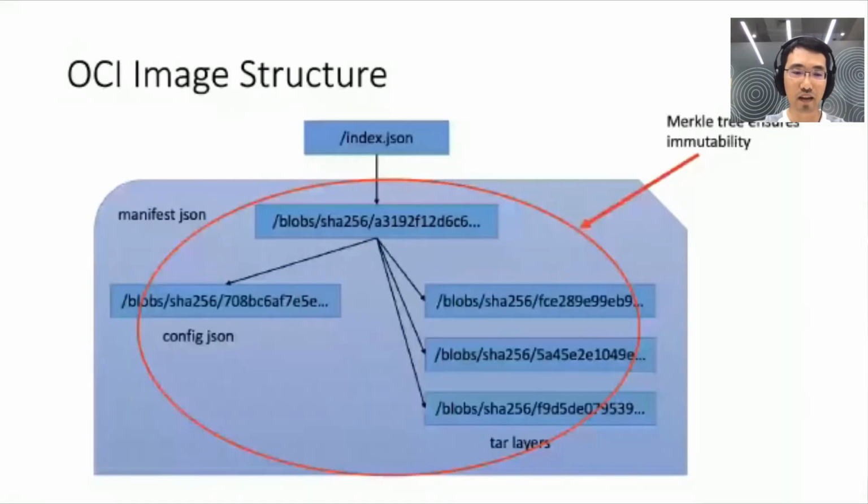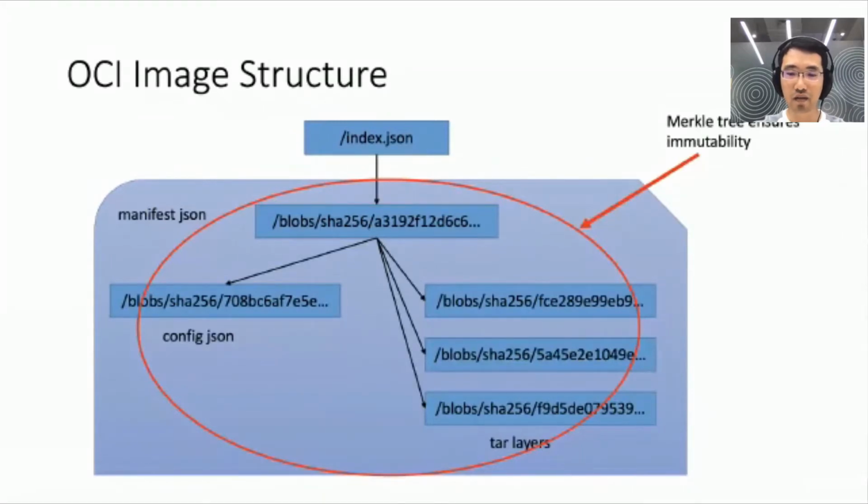The first one is a config.json file that is used to describe the container image, what is inside it, and for example, what application should be running inside of it. Another major part of the manifest is a description of all the container data layers.